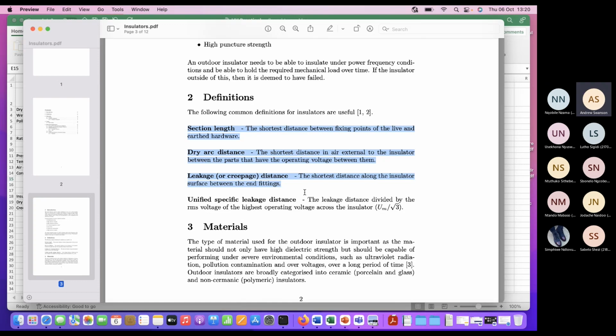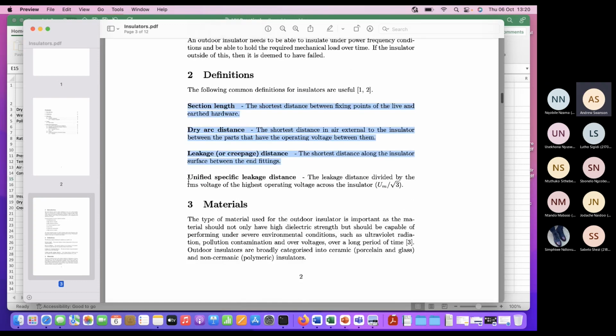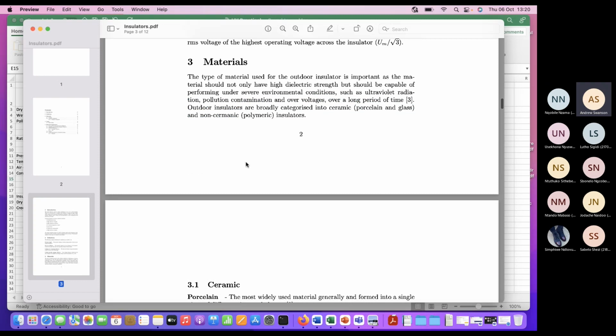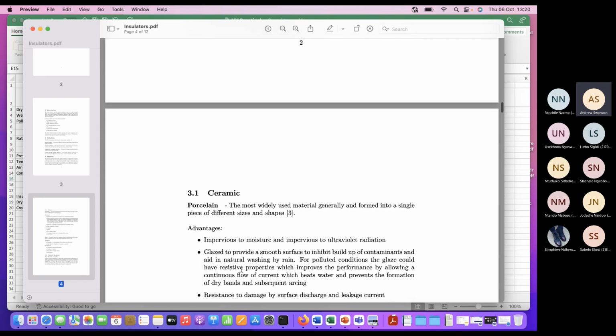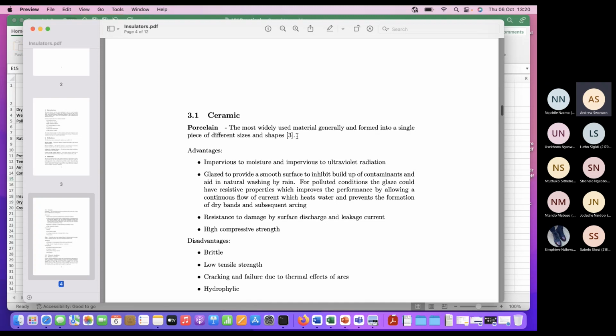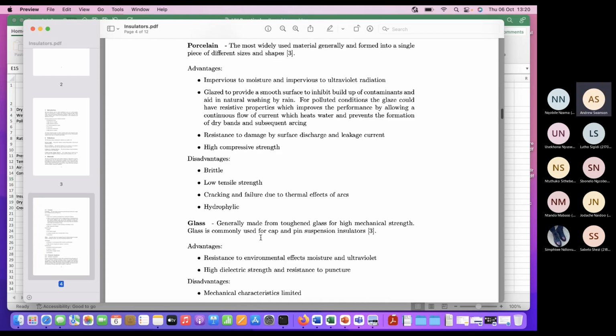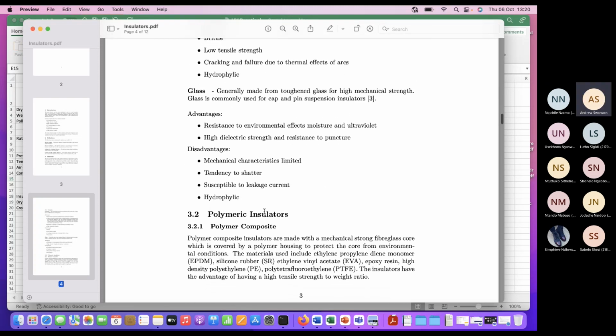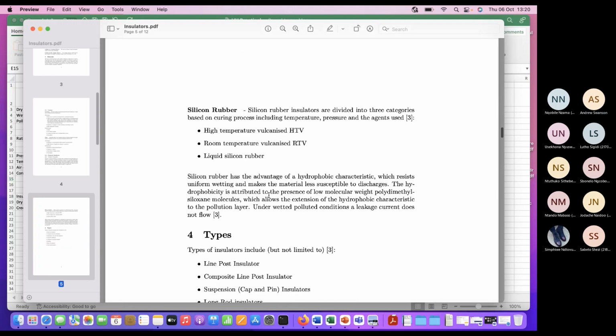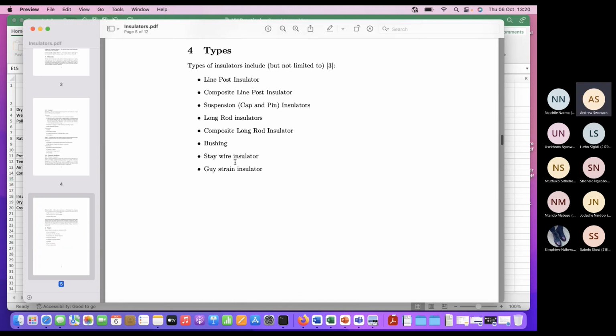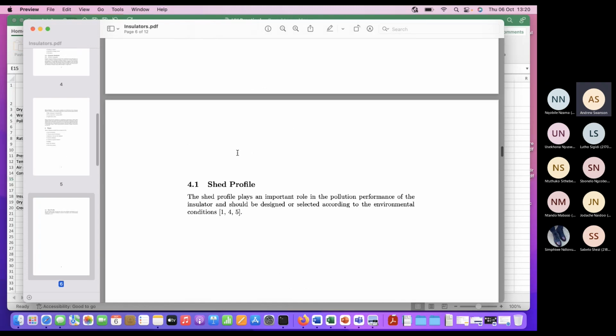And then the unified specific leakage distance was also defined. Right, some details about the materials. You could have taken it from here, looked at the original reference, hopefully not just copied and pasted. And then the types of insulators is covered in the video notes.